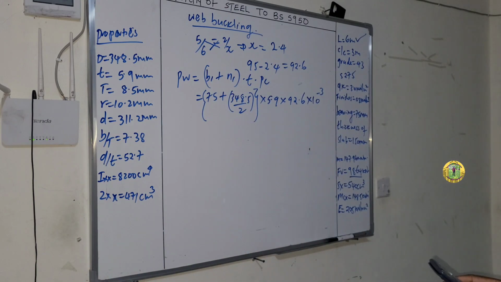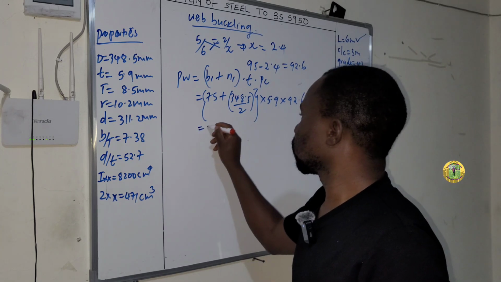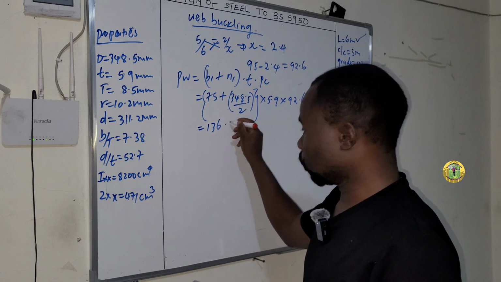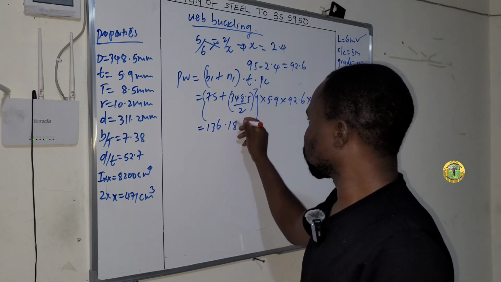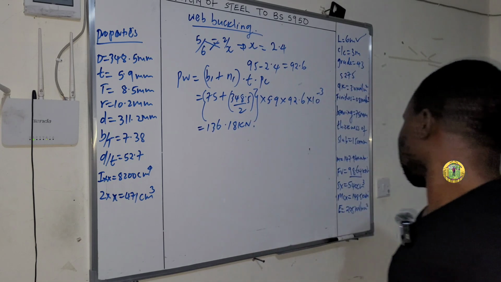So let's carry out the operation. We have 75 plus 348.5 over 2, times 5.9 times 92.6 times 10 to the power of negative 3. So the answer is 136.18 kilonewton.